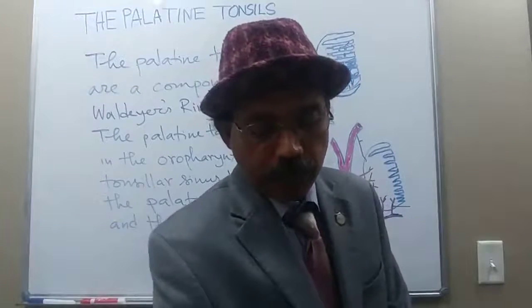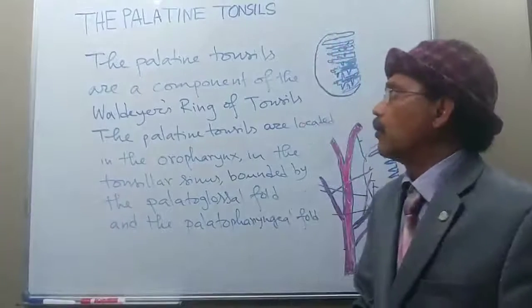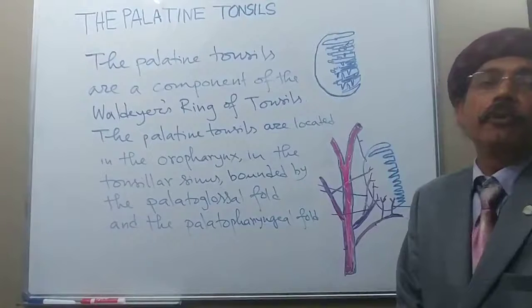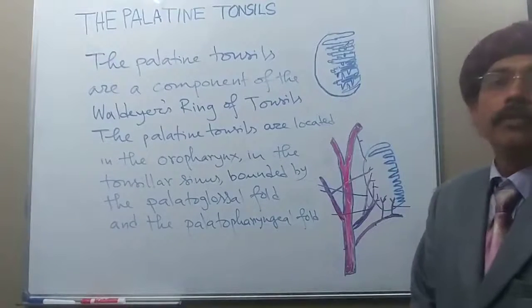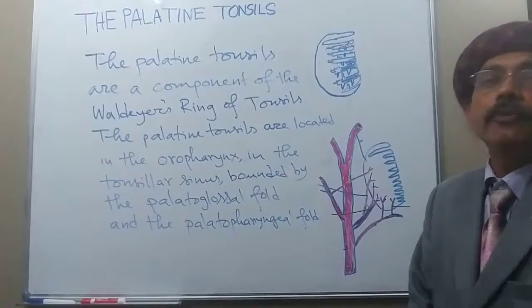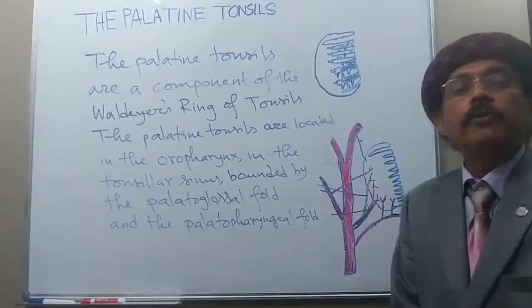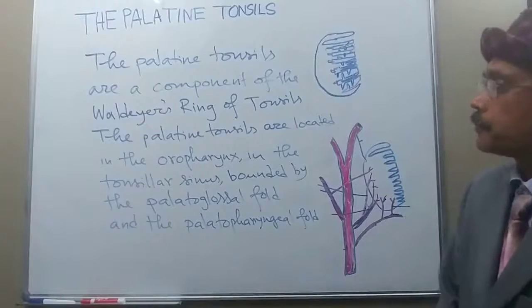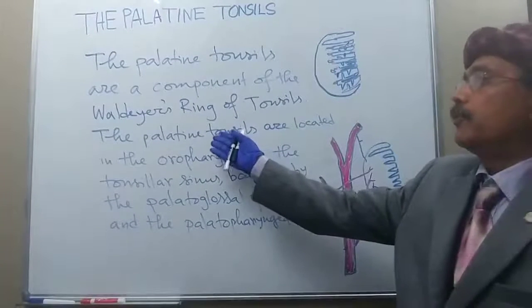They are a component of Waldeyer's ring of tonsils. We know that Waldeyer's ring of tonsils is present in the oropharynx and nasopharynx. We have the palatine tonsils, lingual tonsils, pharyngeal tonsil, and the tubal tonsils.